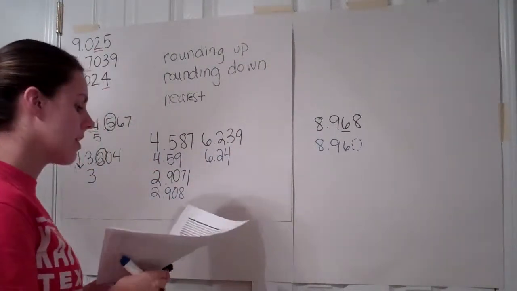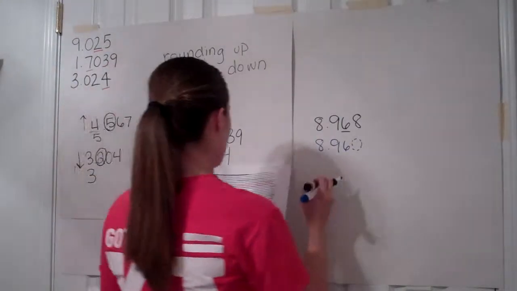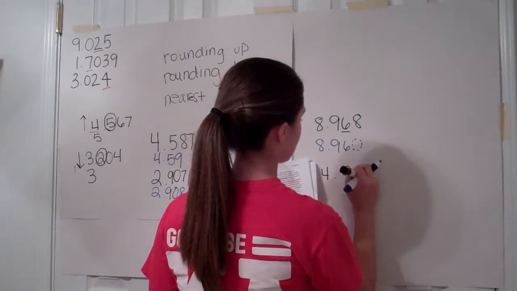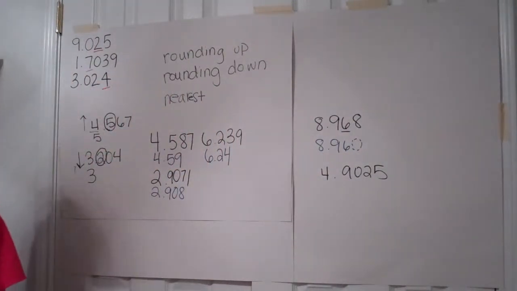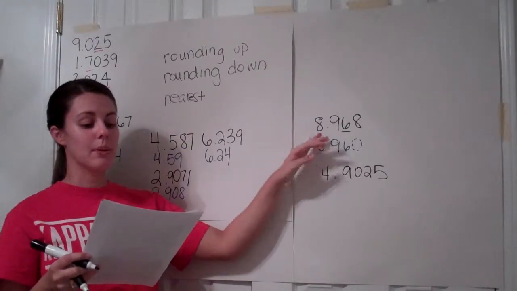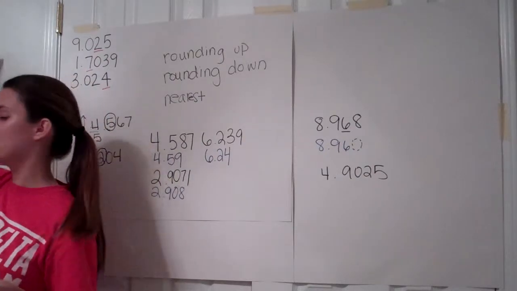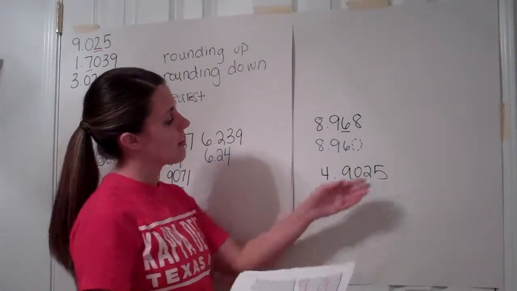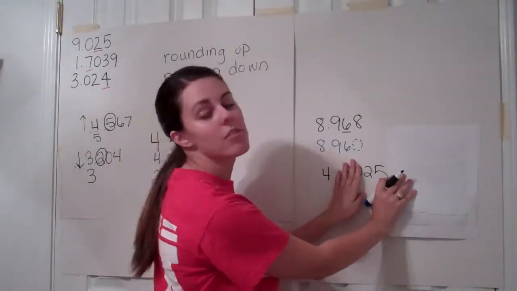Let's try another one. Let's round 4.9025. We're going to round down to the preceding thousandth. Okay, so let's look at our thousandths place. We have a 2. So our number after it is a 5. So let's break this up and see that we have 25.